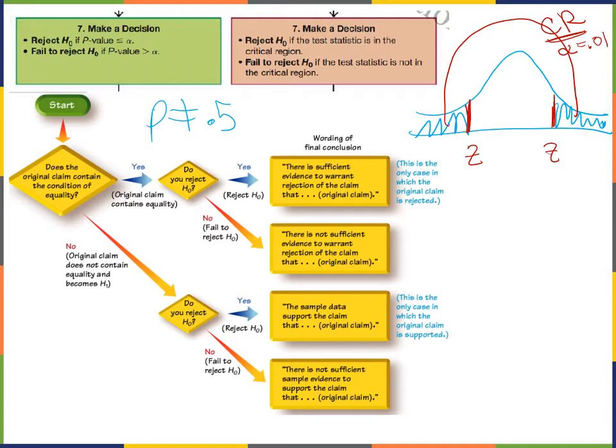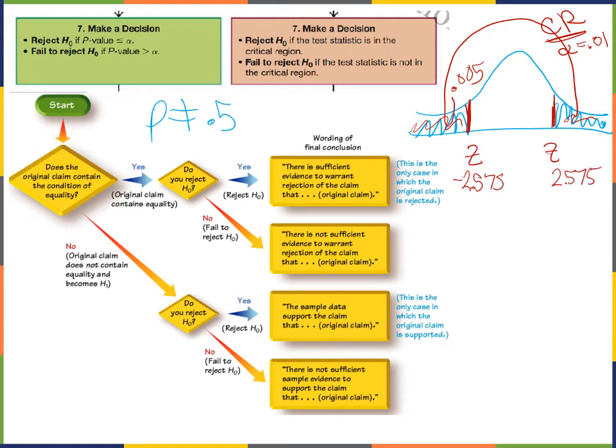Well, we would have to look at our table. In our table, if we know that the combined area between this area and this area is 0.01, then we know each one individually is 0.005, half of 0.01. I would look up 0.005 in my z-score table and find out that the z-score is negative 2.575, and over here it's positive 2.575.